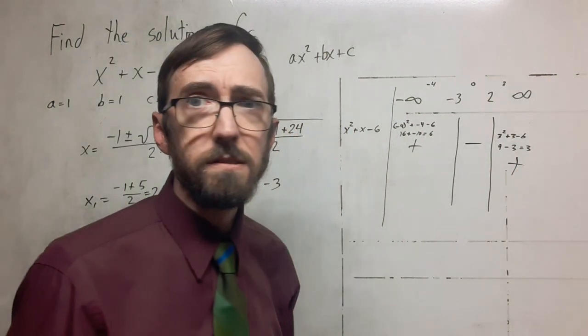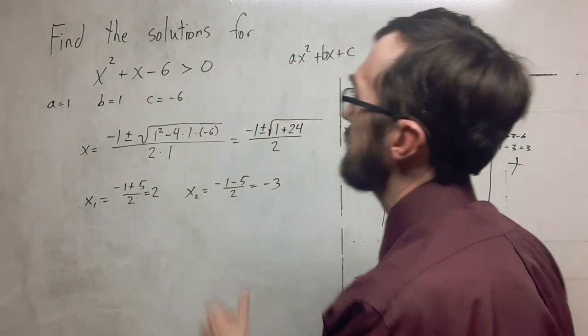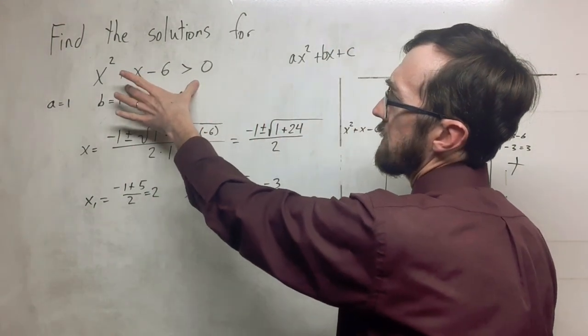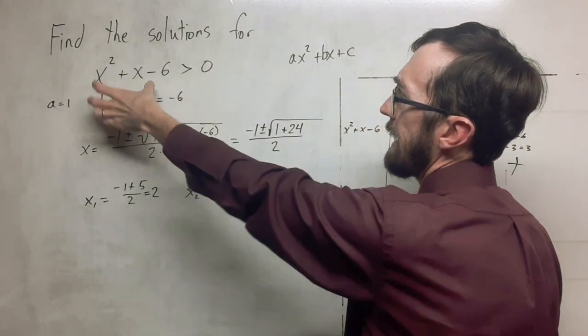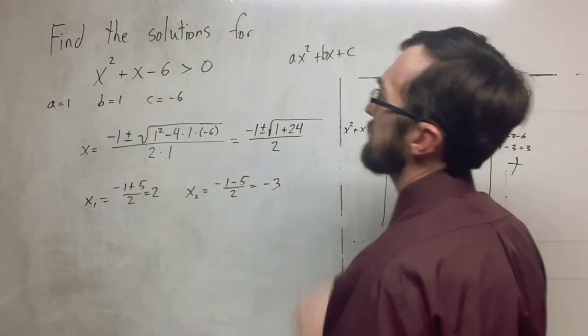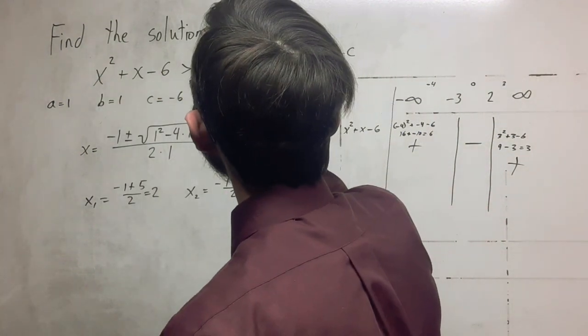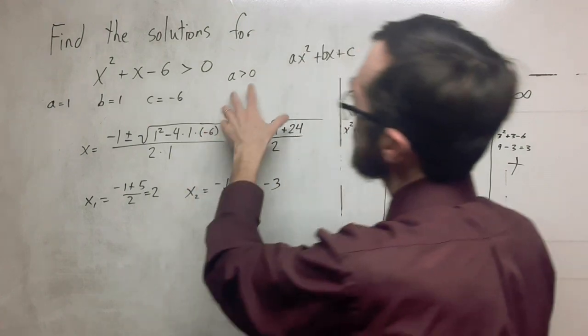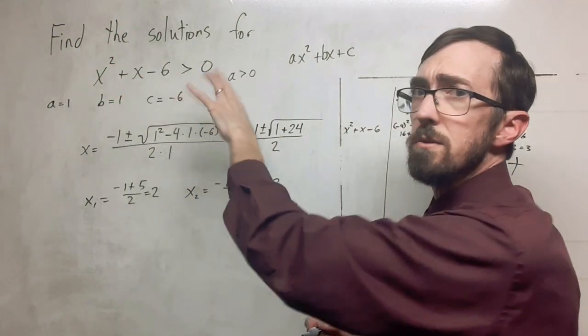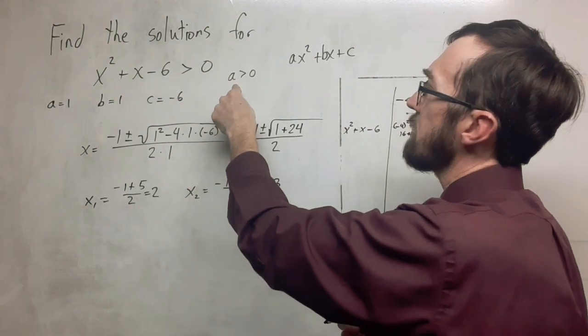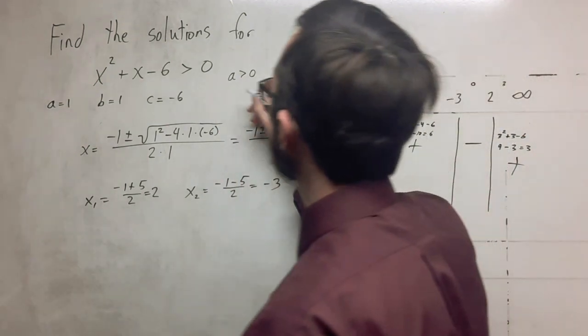Why are we doing the positives and negatives? I want to go back and look at this. If we look at this quadratic, it has to be larger than 0. Well, a number that is larger than 0, this number has to be a positive number.